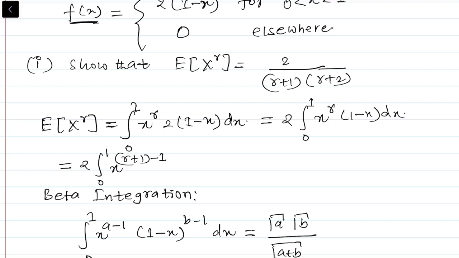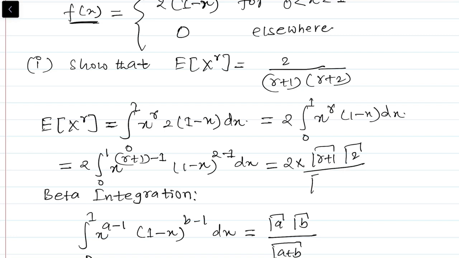And then we have (1 minus x), which we can write as to the power 2 minus 1, and dx. Now this looks like a beta integration, so we can use the formula. So this is 2 times gamma of r plus 1, and then gamma 2, divided by gamma of r plus 3.